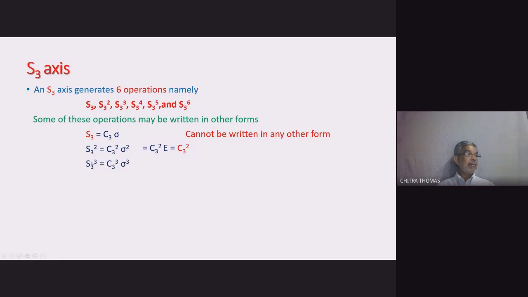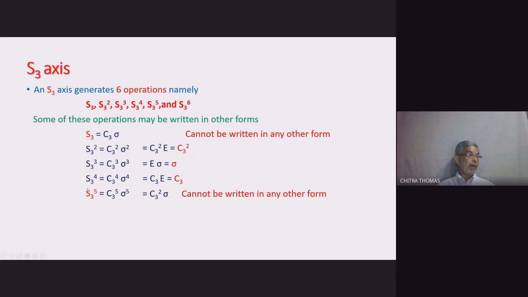Then S3³ is C3³ into sigma to the power 3. C3³ is identity, so this is sigma. So S3³ is sigma, whereas S3², S3⁴, etc. are identity. Then S3⁴ is C3⁴ sigma to the power 4, which is C3 into identity, which is C3.